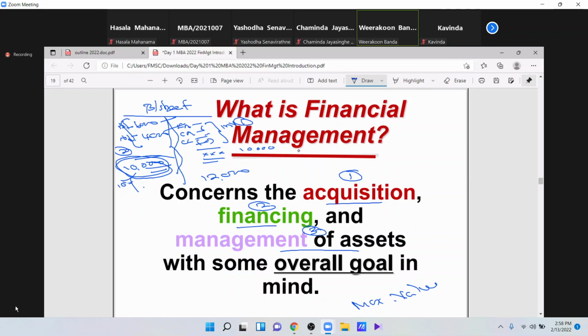We must survive in the market and make value additions and compensate all the participants: employees, shareholders, debt providers. We have to compensate the government and society. Then our overall goal is to maximize value of the company.